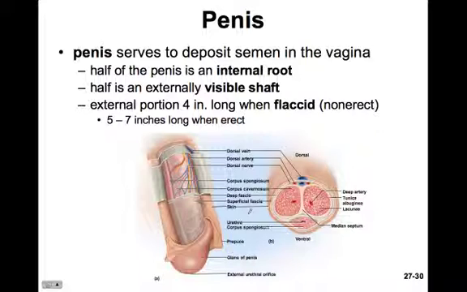That brings us on to the penis. The penis serves to deposit semen in the vagina. Half of the penis is an internal root, and half is externally visible as the shaft. The external portion is about 4 inches long when flaccid, 5 to 7 inches when erect.